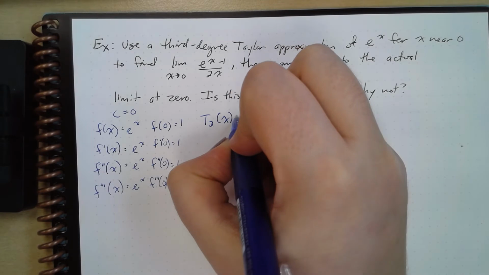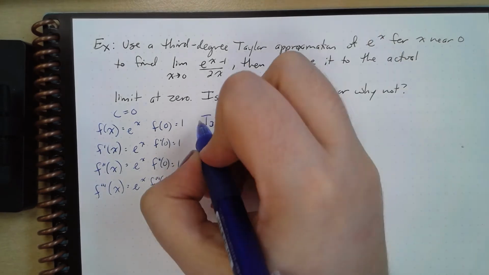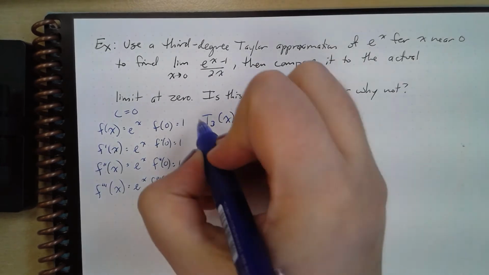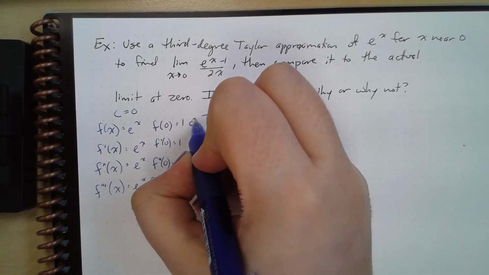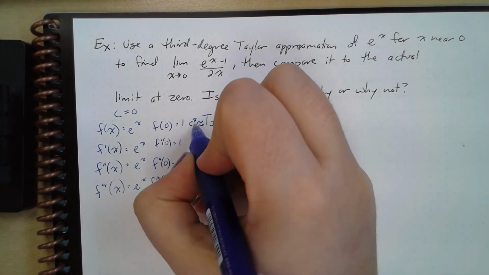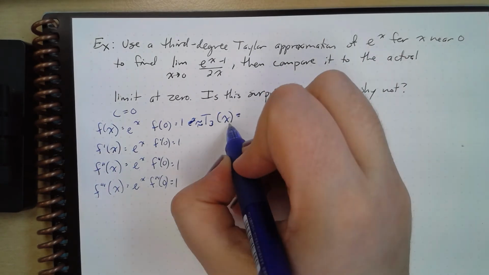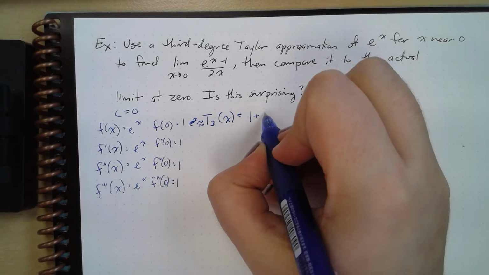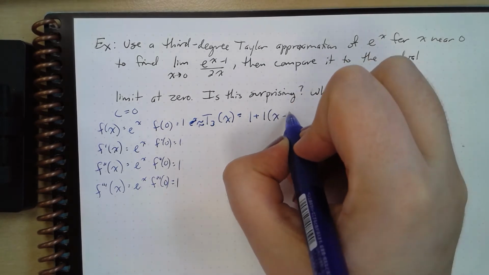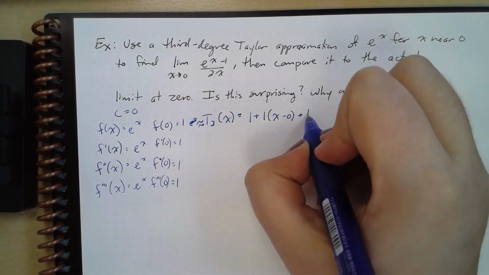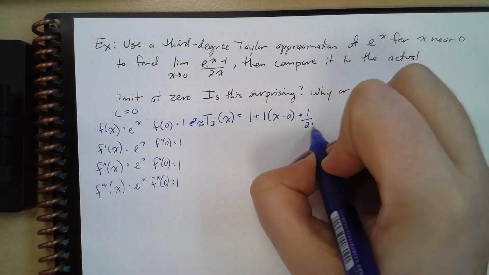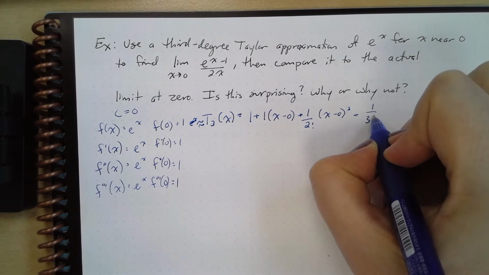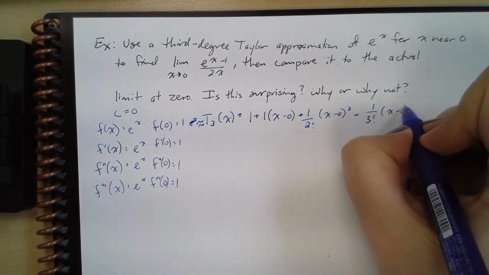T sub 3 of x, and remember, e to the x is approximately T sub 3 of x, which is equal to 1 plus 1 times (x minus 0) plus 1 over 2 factorial times (x minus 0) squared plus 1 over 3 factorial times (x minus 0) cubed.